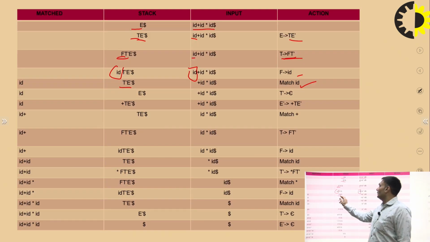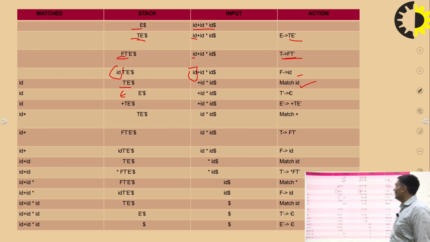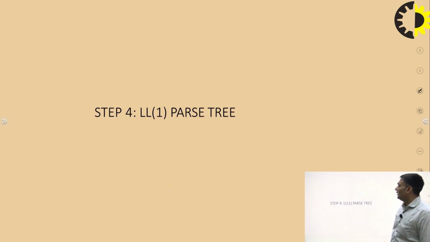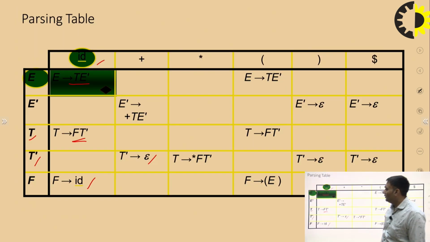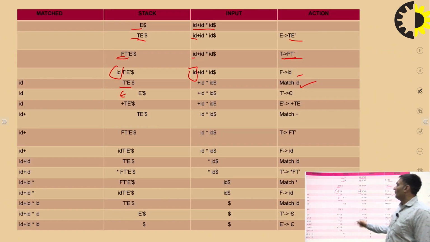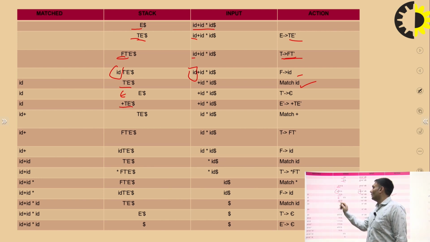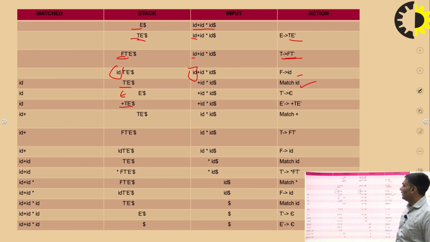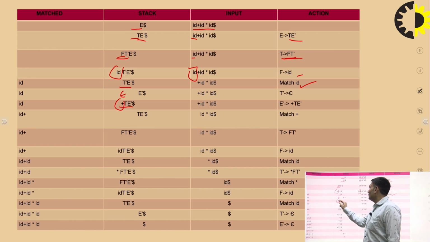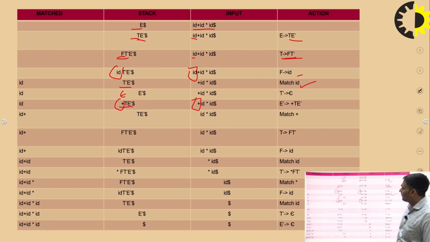So this vanishes. The remaining part is E dash on plus; we refer to that rule, but we write it in reverse order, plus T E dash. Here plus and plus match, then both are popped out.